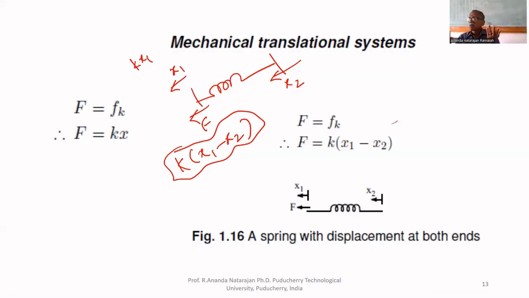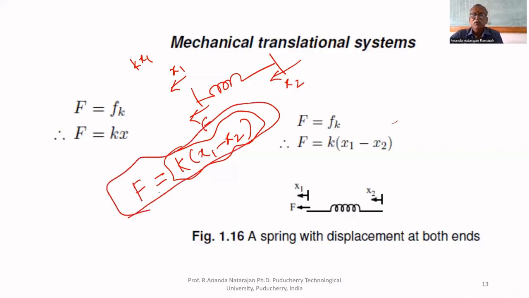When both are in the same direction, the deflection is reduced; the deflection is proportional to x1 minus x2. Therefore, the reaction force is K times x1 minus x2. The applied force is F. Therefore, the mathematical model is F equal to K multiplied by x1 minus x2.